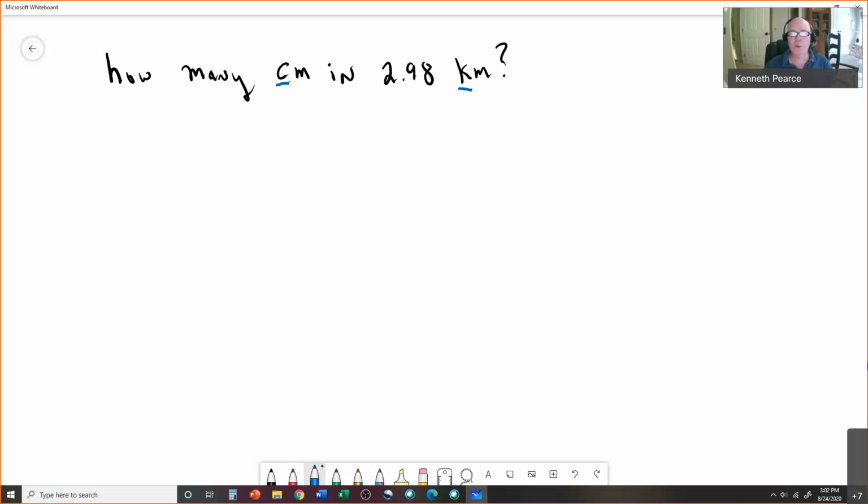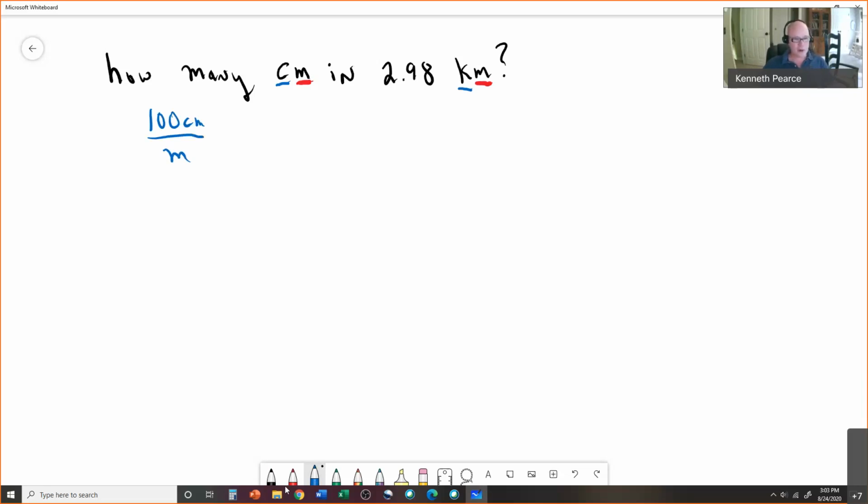But by far the easiest way to do this is you have a series of equalities or relationships. And so what I do with this sort of thing is we start with the base unit and the prefix for both of them. So the base unit is a meter, and the prefix is centi and kilo. And if I know my prefixes, and we should memorize them, then we would say that there are 100 centimeters for every meter, and I go ahead and write this as a fraction.